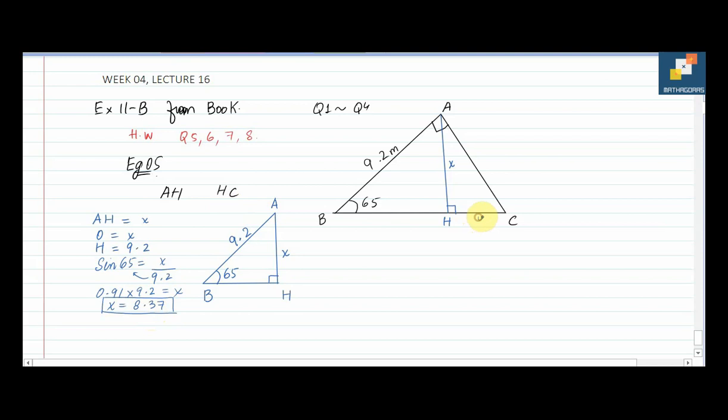So let's call this length Y. Now before you find the length of HC, we need to find the angle C. And how are you going to find the angle C? Now look closely. ABC is a triangle, right? And how many angles in a triangle? First angle 90, second angle 65, and third angle C. Let's say that this angle is P, unknown, just a variable.